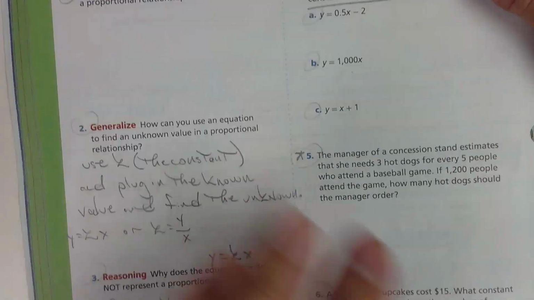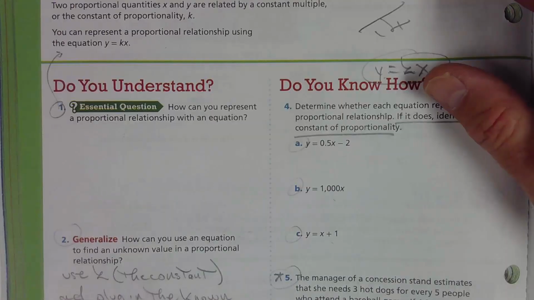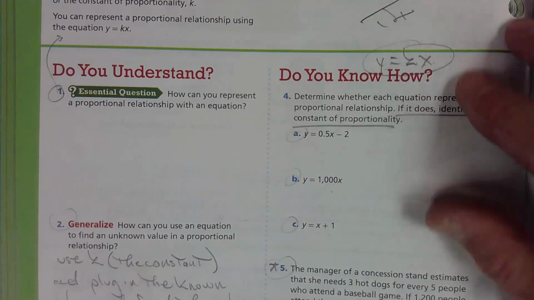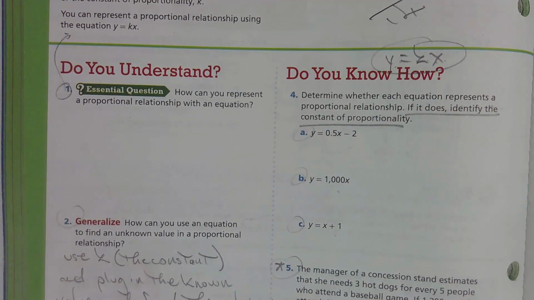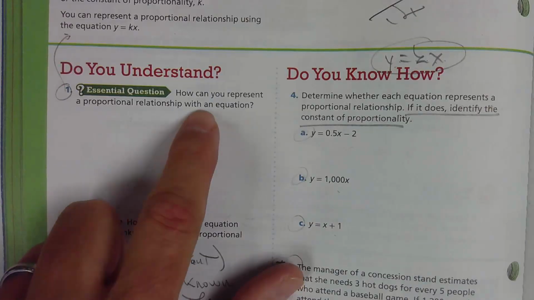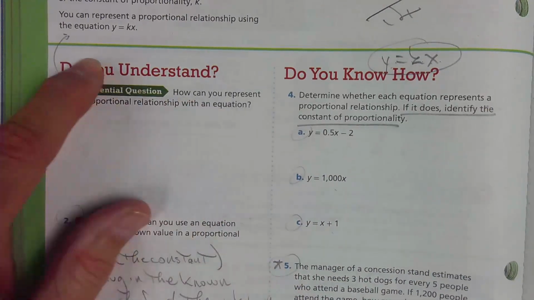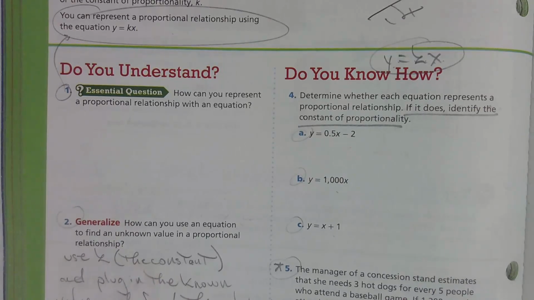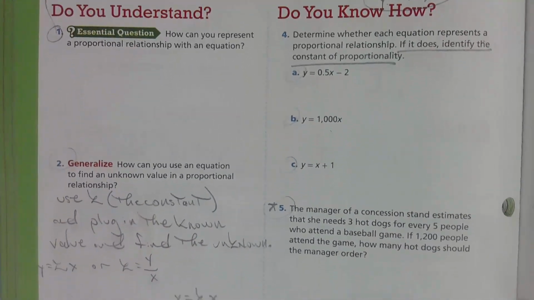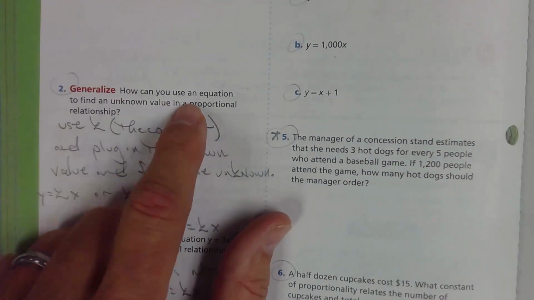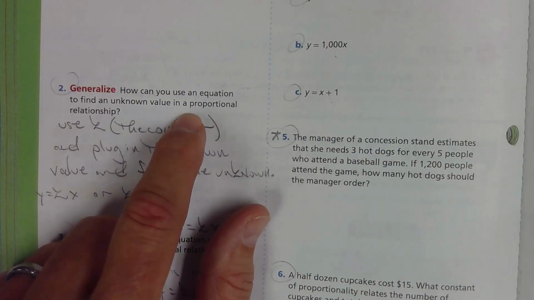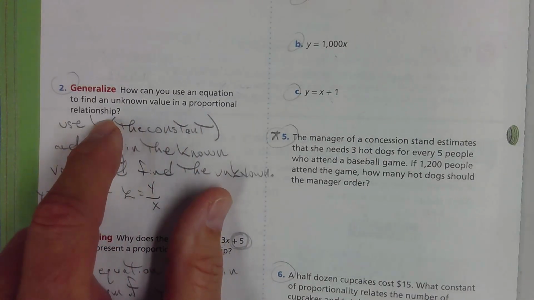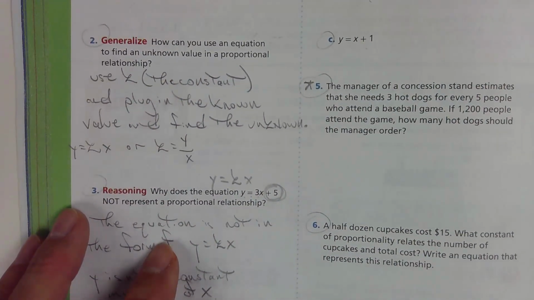All right. Turn the page here. I want you guys to do, this is on page 110. Do number 1, how can you represent a proportional relationship within an equation? Well, it's right there. Number 2, it says generalize. How can you use an equation to find an unknown value in a proportional relationship?